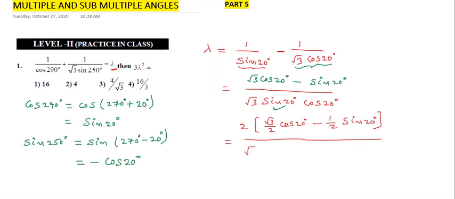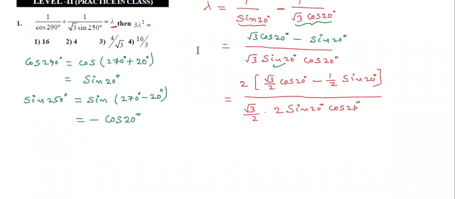In denominator, dividing 2 and multiplying 2: 2 sine 20 cos 20. Why I have done this in denominator: sine theta cos theta, there is no formula. 2 sine theta cos theta is sine 2 theta, formula is there or not?